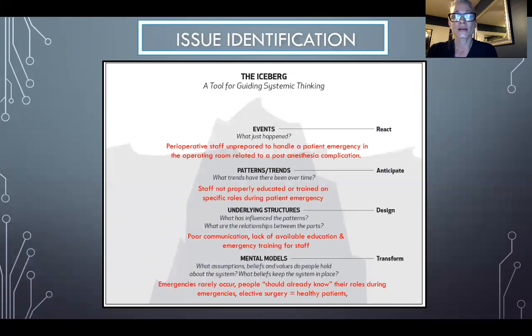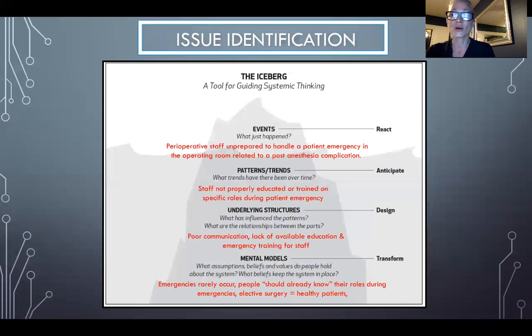And then we're going to look at the mental models, which is pretty much one of the hardest things to change at this level. But what are the assumptions, beliefs, and values that people hold about this system? And they keep the system in place. So a lot of times I've heard from fellow coworkers that emergencies rarely occur.